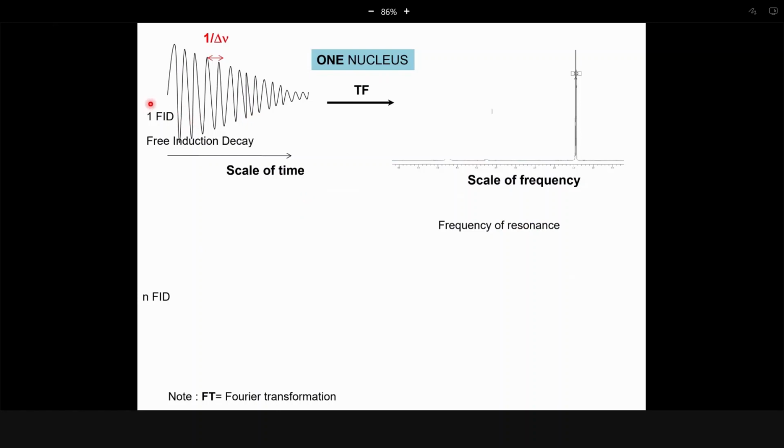When you put the sample in the machine, you apply B0, then you apply B1, and if in your sample you have only one nucleus, one atom, for example, one proton, we will have something like that.